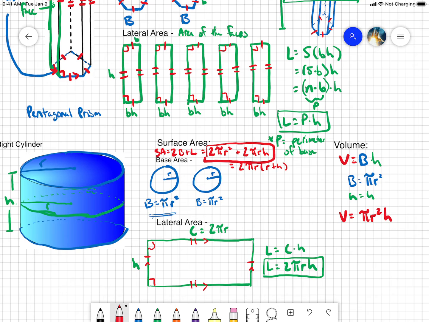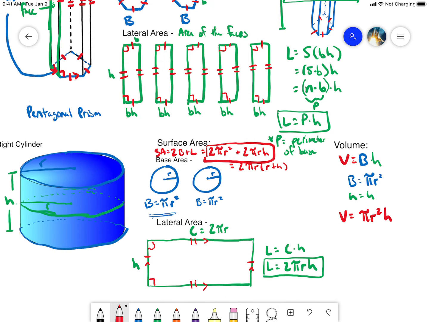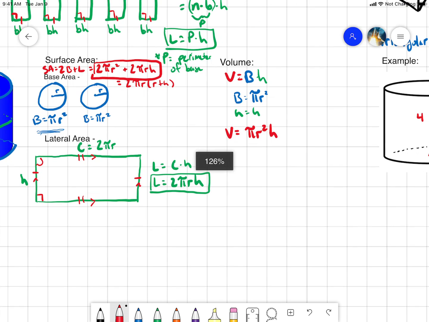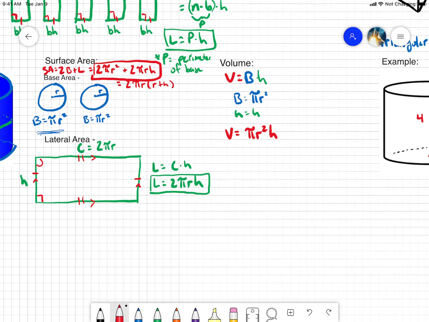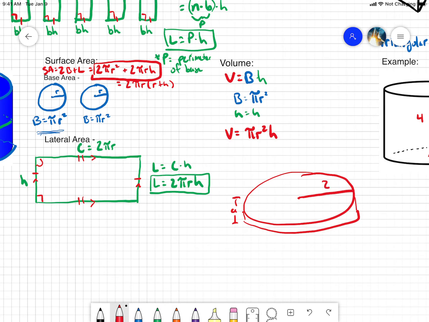I actually saw a really funny post the other day. I guess I'll show this anyway. So if you think about a circle or something like this, and let's just say the height is a. Let's just say the radius is z. Then the volume of this thing is equal to pi z squared times a.